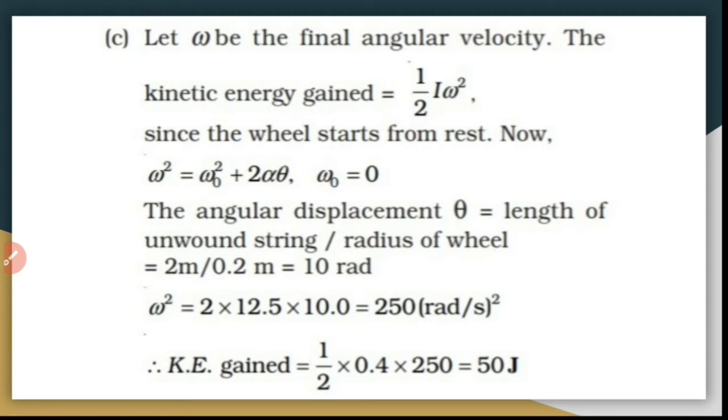So we have the equation omega square equals omega 0 square plus 2 alpha theta, substituting for alpha and theta.